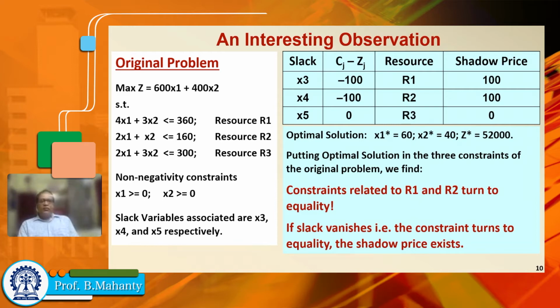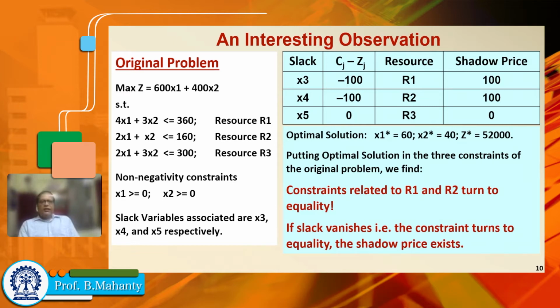That means after producing 60 quantity of x1 and 40 quantity of x2, while resources R1 and R2 have been exhausted, R3 is not exhausted and a value of 60 remains with regard to R3. So this is the interesting observation that we have found with regard to the shadow prices.